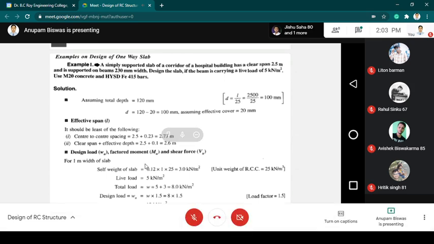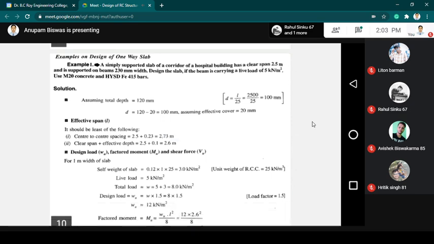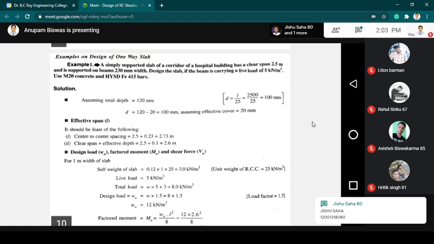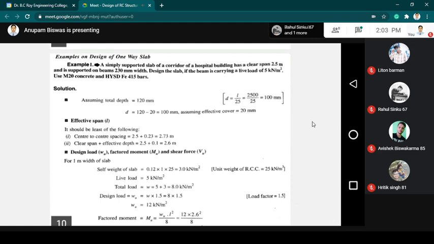Next is the calculation of design load. For the design load W, we first take out the self weight of the slab. We consider a 1 meter width of slab, and the total depth is 120 mm. With the unit weight of reinforced concrete as 25 kilonewton per cubic meter, 0.12 into 1 into 25 gives 3 kilonewton per meter square as the self weight of the slab.